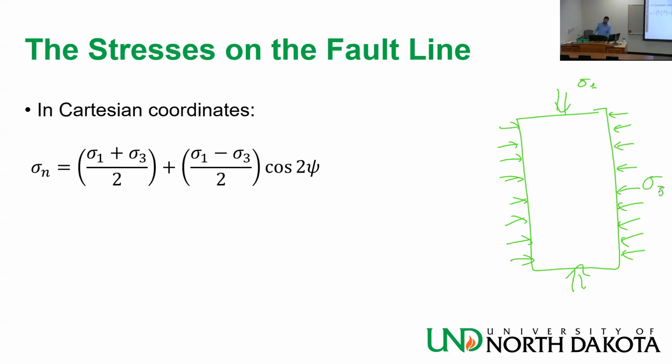So I don't care about sigma 2. It could be the same as sigma 3, it could be bigger, it cannot be bigger than sigma 1. Okay? The combination between sigma 1 and sigma 3 using this equation dictates the normal stress along a pre-existing fault that is at an angle psi.